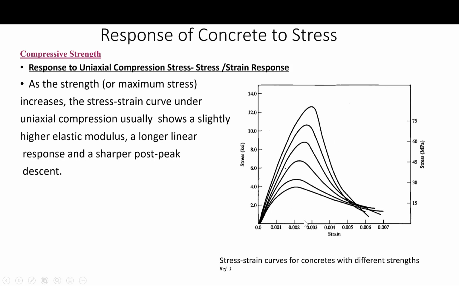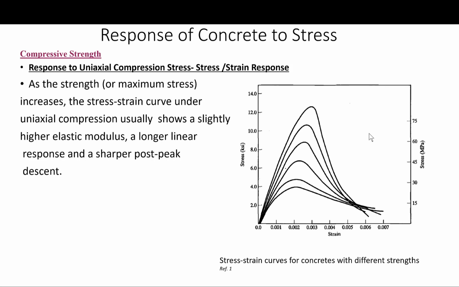As we said before, it should be noted that with a conventional, rather soft or low stiffness testing machine, concrete in compression will appear to fail instantaneously when the maximum load is reached, making it impossible to record the descending branch of the stress strain curve, this part.